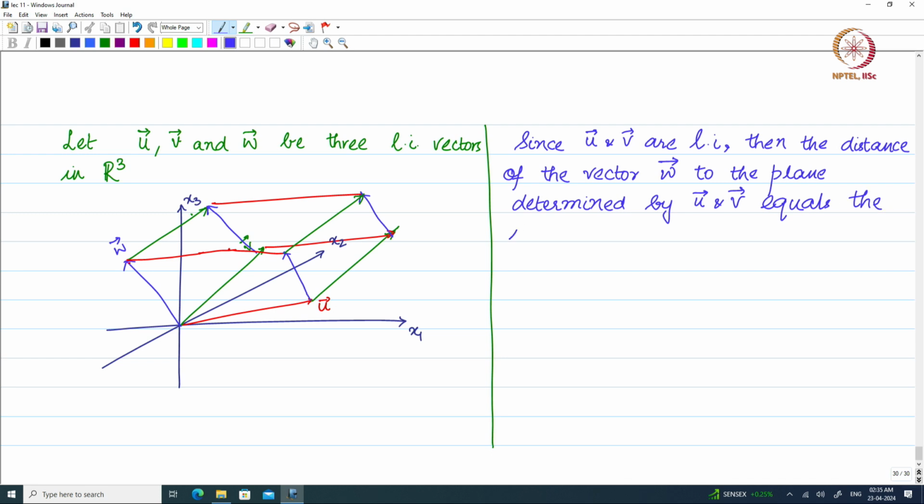of the projection of w along u cross v, since u cross v is orthogonal to the plane.